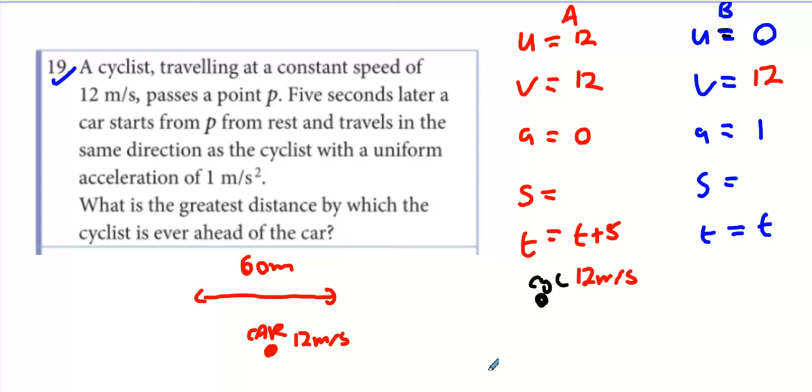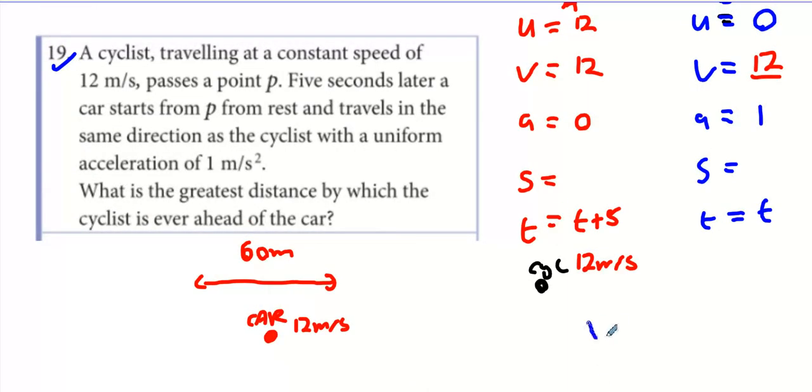We can find the t value, can't we, using data set B. So use data set B, and what should we use? v equals u plus at. 12 equals 0 plus 1 times t, and therefore t will equal 12 seconds. Everybody cool with that?